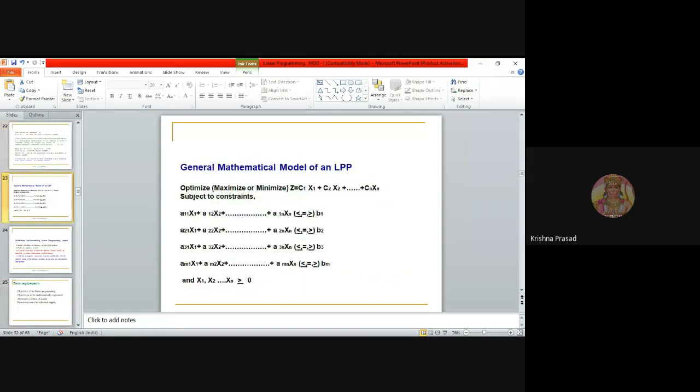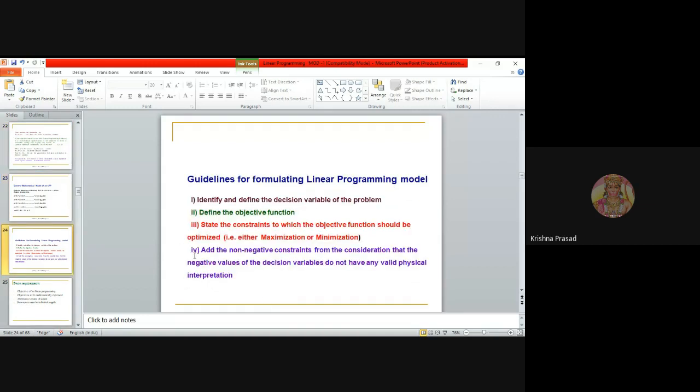What is a non-negative variable? When you go with the four-quadrant diagram, definitely you can find it out. I will write it. If you want, you can copy it.